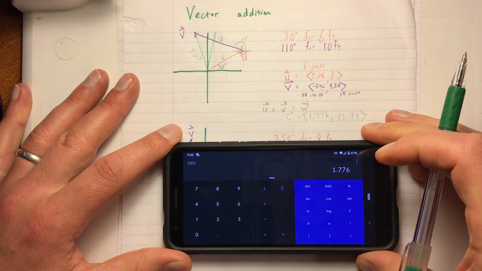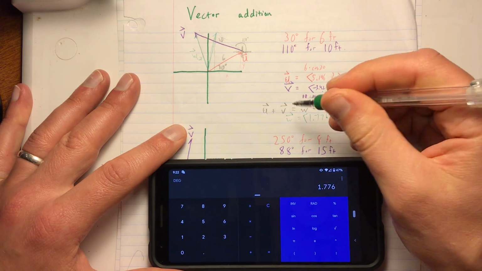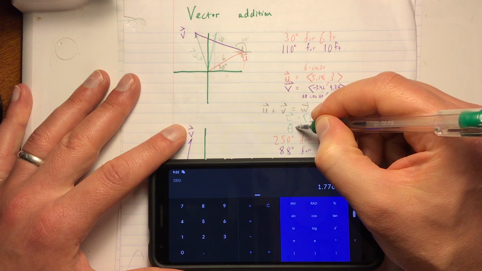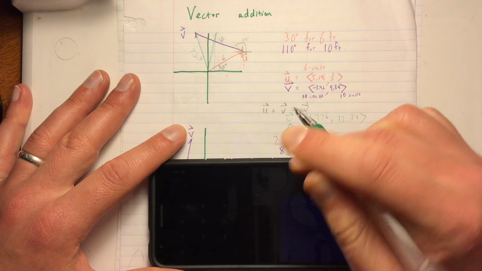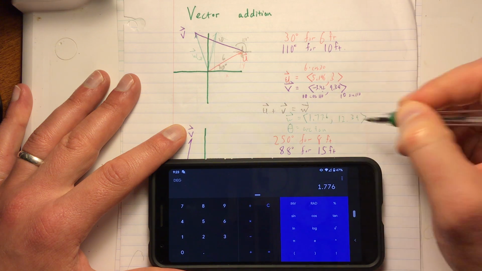And of course, if we want to find the magnitude and direction, to find the direction, I just have to take the arctangent of the y-coordinate divided by the x-coordinate.